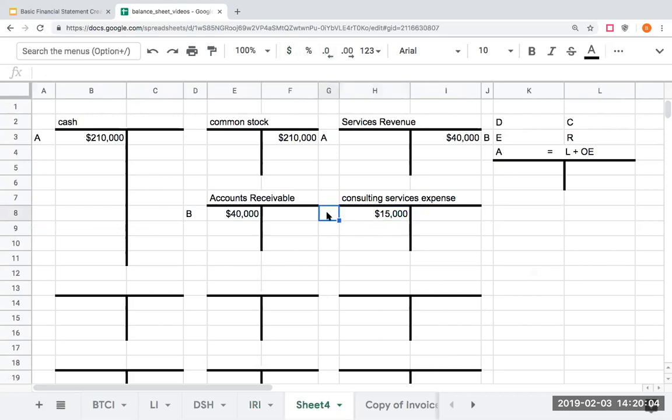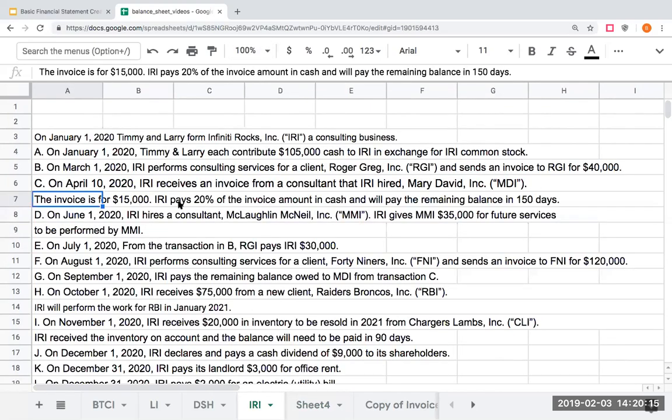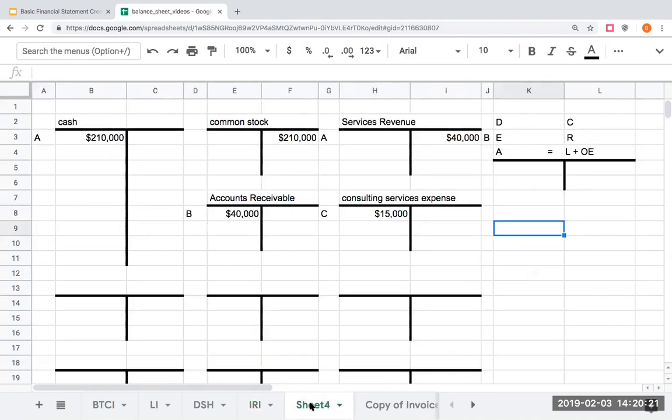Now, for every debit, I need a credit. What's interesting about this one particular one, though, is that I'm not paying for the entire thing in cash. I'm paying 20% of the invoice amount in cash, and I'll pay the remaining balance later. So right here for transaction C, the amount due is $15,000.